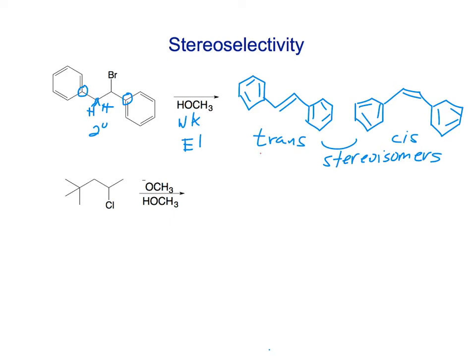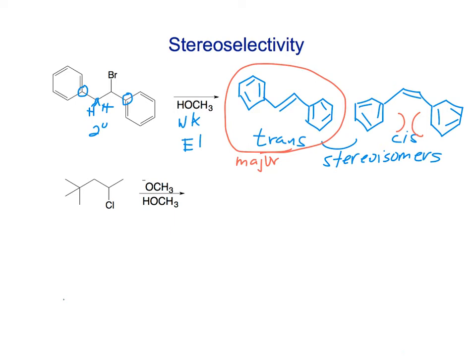And for compounds like this, the trans isomer will be more stable. So this is going to be the major product. The cis is going to be less stable just because these two benzene rings start to get pushed together, creating steric strain. And so this reaction would be stereoselective.